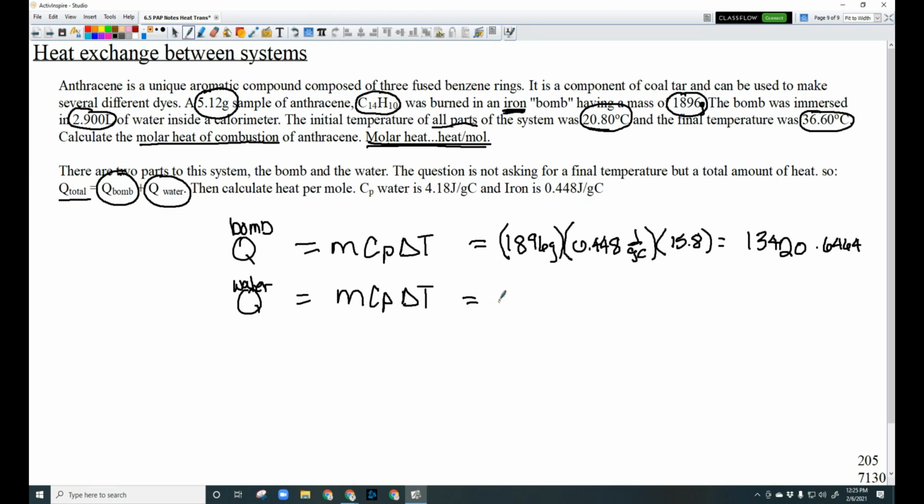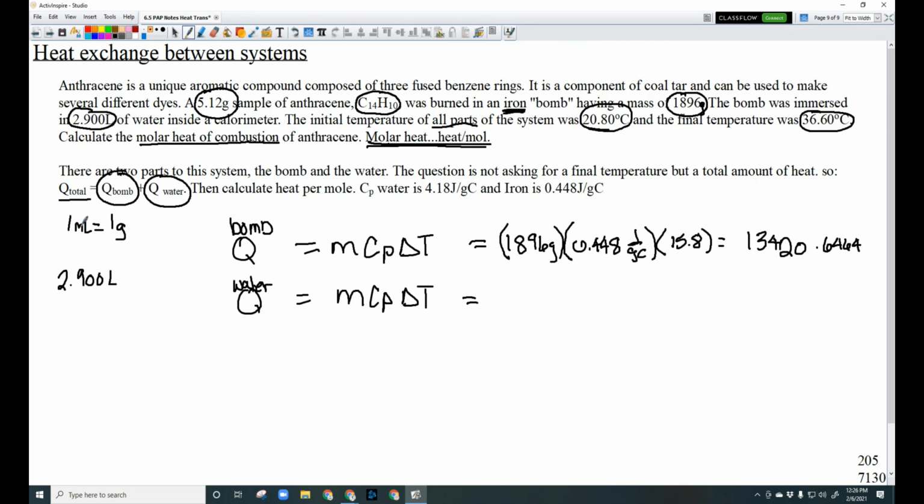Okay, so here we have the mass of the water. Well, here it just gives us liters. So let's look at that real close. So 2.9, I know you're going to be tempted to just plug in 2.9 liters, but remember it has to be the mass of the water. This is liters. So if we have 2.900 liters of water, one conversion factor that you have to remember is that 1 milliliter of water is equal to 1 gram.